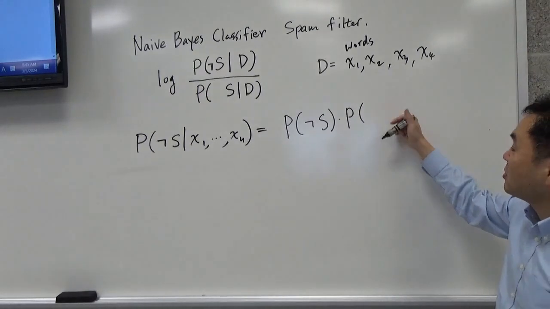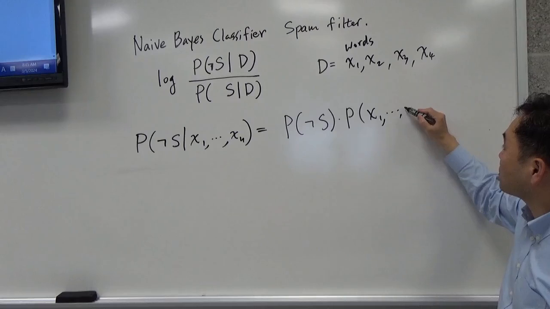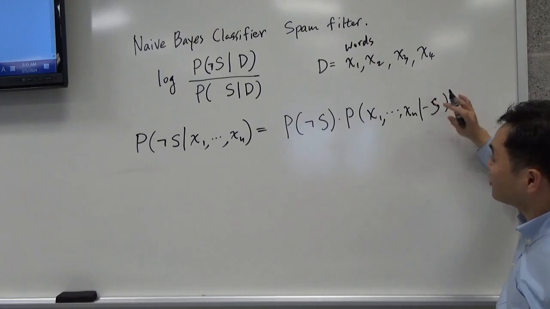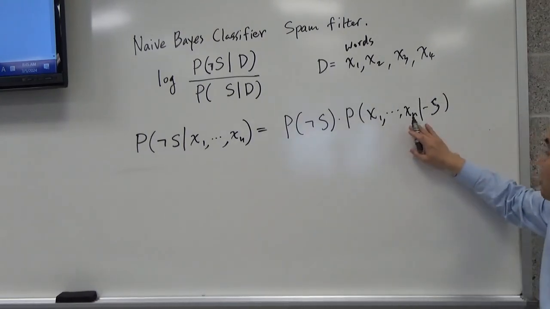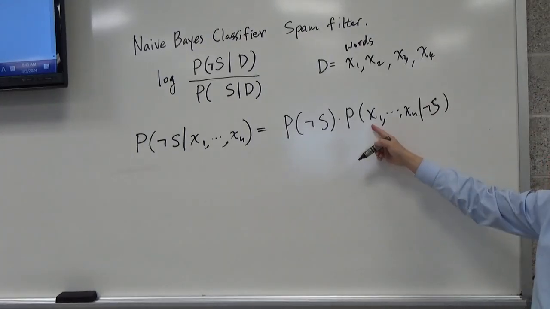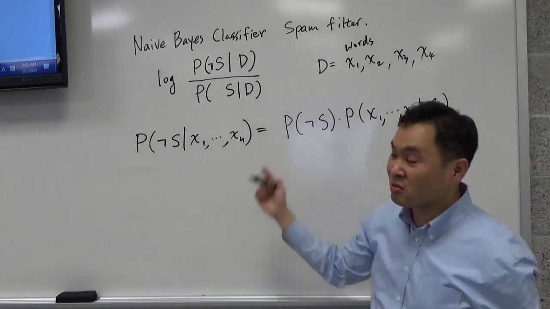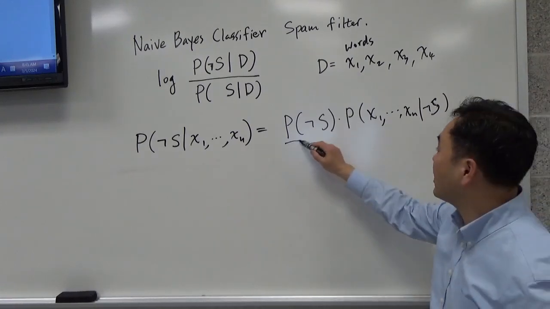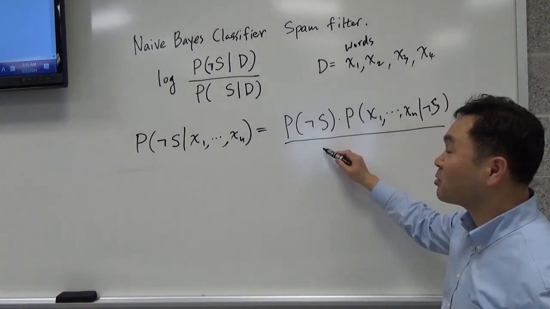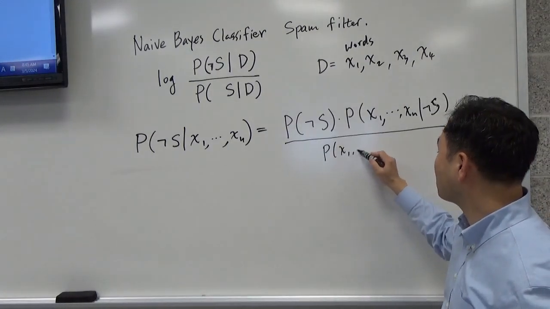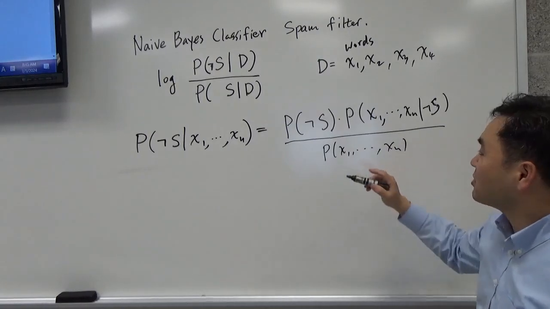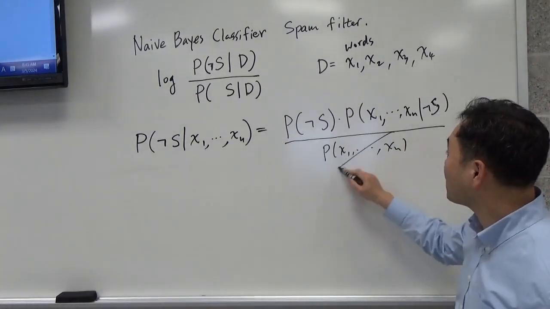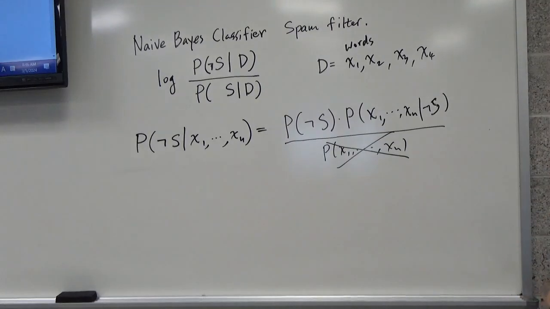When you switch them around, this is what's called the likelihood, because you're thinking of these x1 through xn as some kind of a parameter. Then you have to divide this by something, which should be the probability of x1 through xn. But the fine point of the naive Bayes was that we don't care about this thing in the denominator, right?